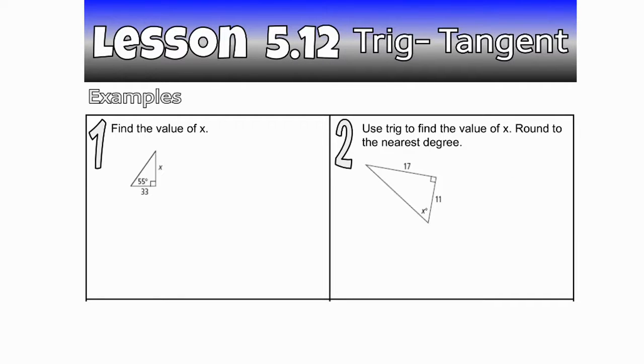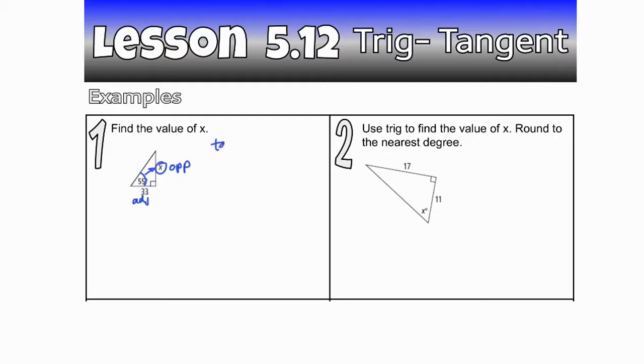We're going to find the value of x this time. So we are given this angle here, 55, and then we need to find this opposite side. The only other thing that I'm given is this adjacent side. So therefore, I'm going to use tangent.